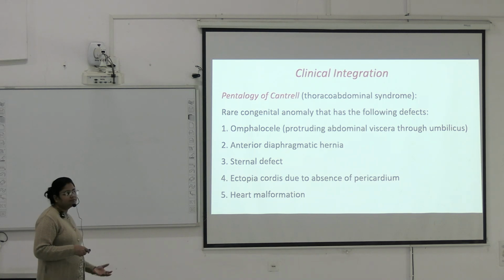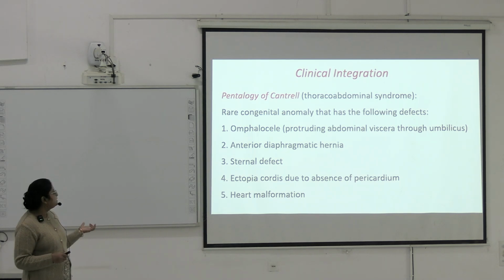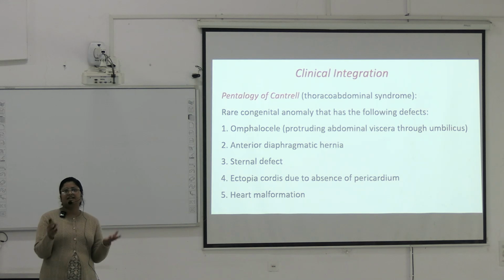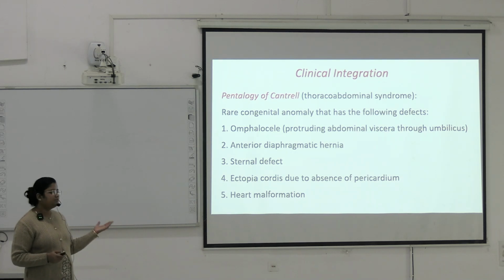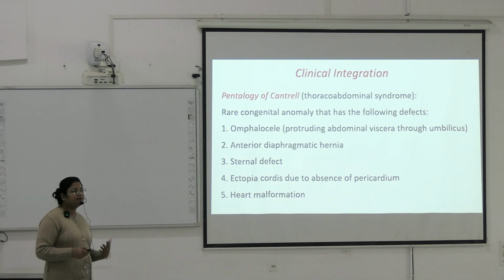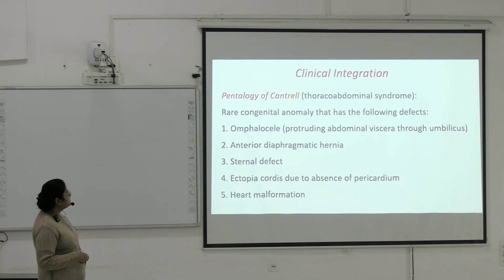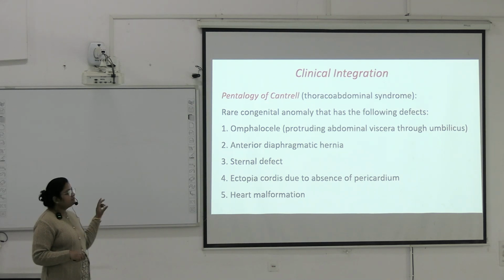Ectopia cordis means pericardium is absent and heart is directly exposed to the outside. Anterior chest wall is also absent. Okay, this child does not survive, generally dies within 1 month of birth, and there will also be heart malformation. Okay, so these five defects are together present in Pentalogy of Cantrell. Okay, this is important for your MCQ questions.